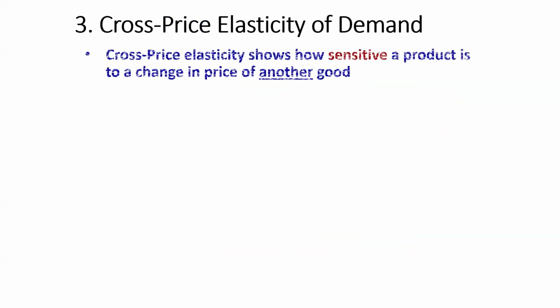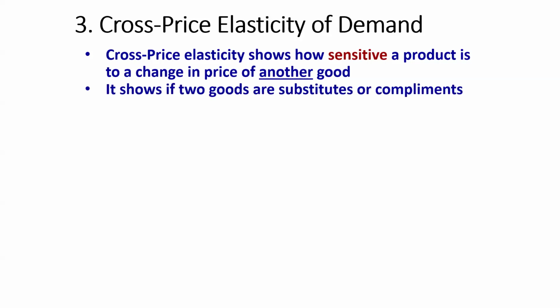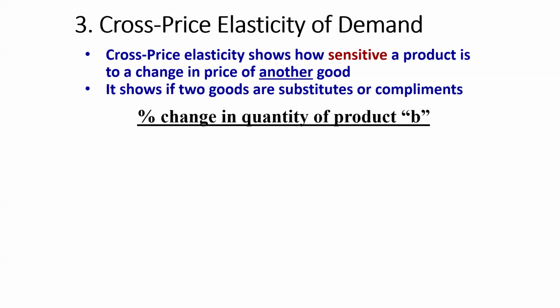All right, so cross price shows how sensitive a product is to the change of another. So here we're talking about substitutes and complements. That's the only thing cross price elasticity measures. It's the percentage change in the quantity of product B over the percentage change in the price of product A. Just remember, if you're using the quantity of one product, you've got to use the price of the other.